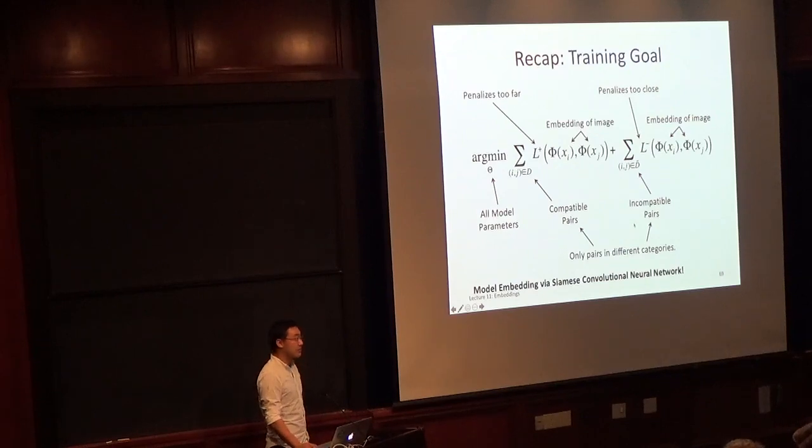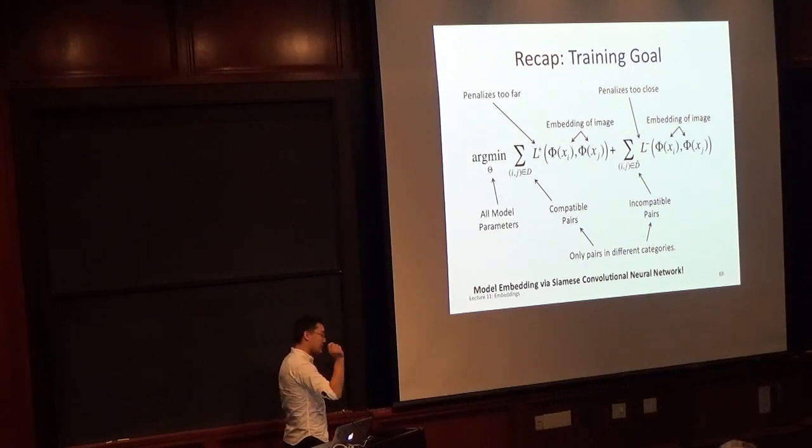Any questions? Yes? So phi is the same network in both cases, but they're technically like independent problems, right? Because you're pulling the data from two different sets, in some sense. The x's are sampled in some way. The mapping from x to phi of x uses the same function.